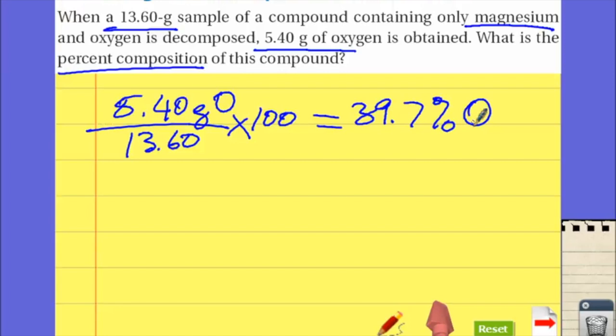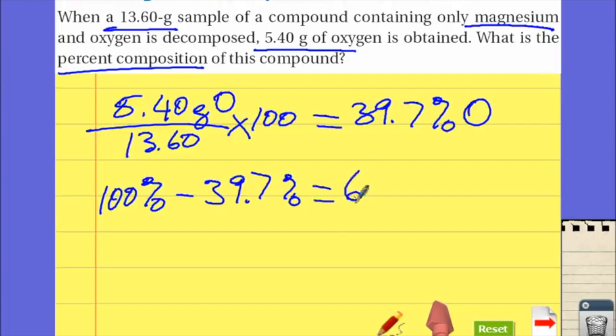So what is 100%, which is the whole, minus 39.7% equals what? 60.3% magnesium in that sample, because there are only 2 elements.